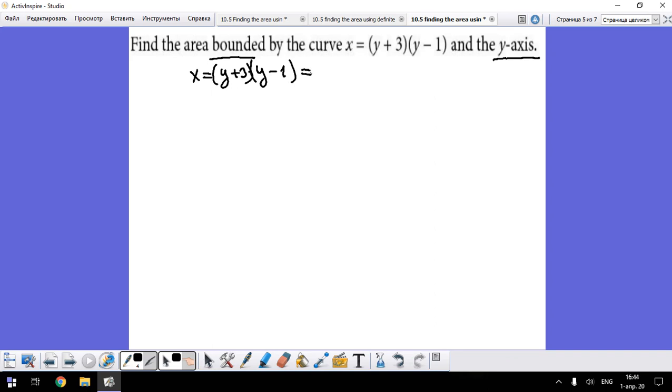Let's multiply it. If you multiply it, you will get y squared plus 2y minus 3.